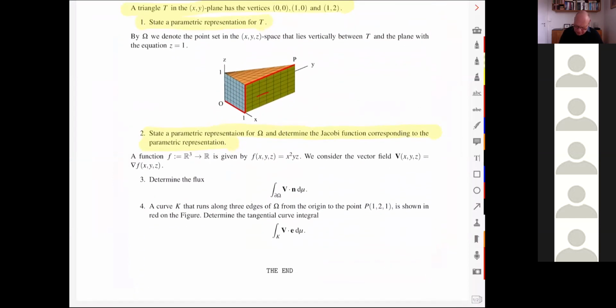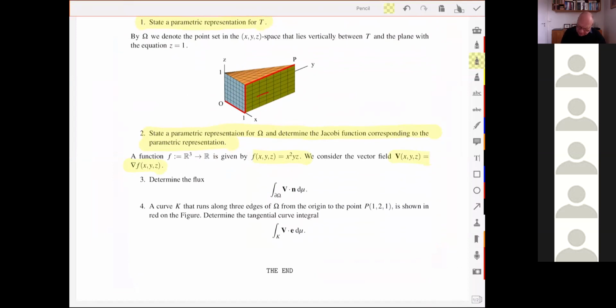Now we are given a function f, and it's given by this formula here. And we are considering a vector field v of x, y, z that is equal to the gradient of f.